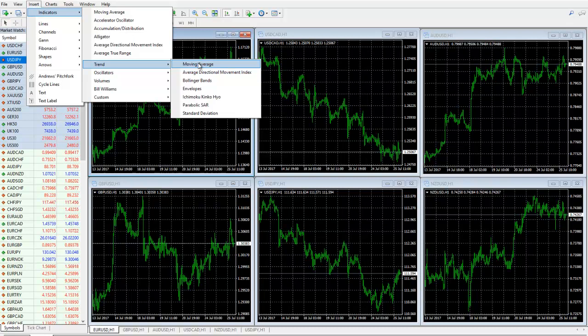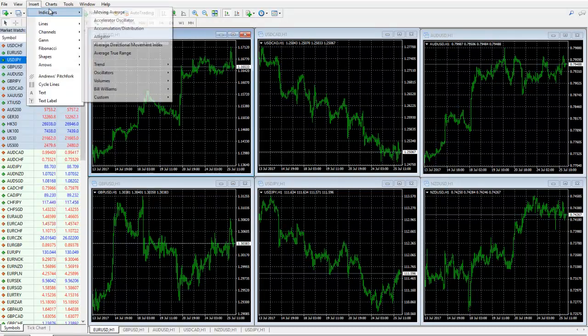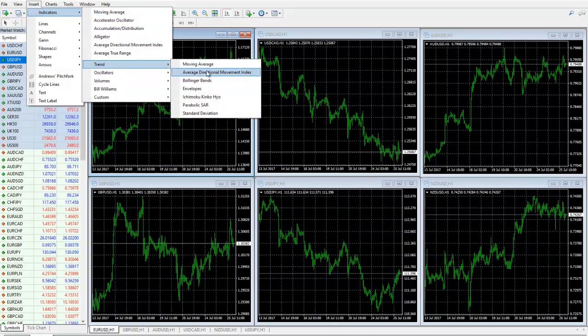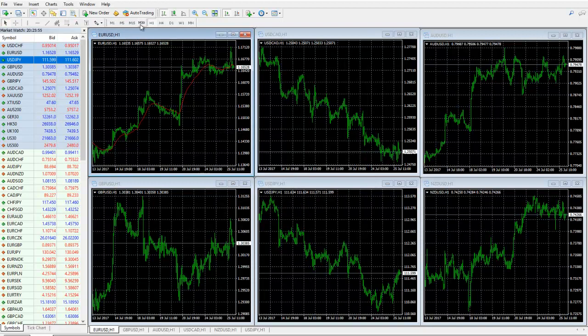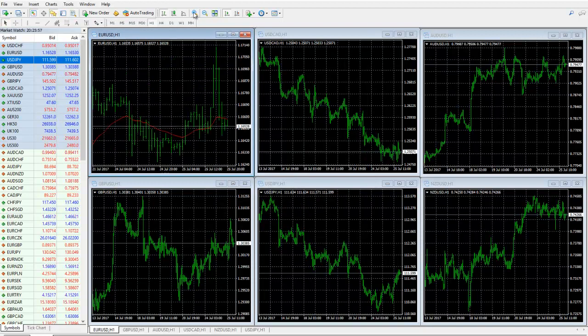So we go to insert indicators, you go to trend, and you go to moving averages, and 21, and as MA method the exponential moving average, and I click OK, and then I would like to zoom it a little bit. Okay, and I would like to see the bars.